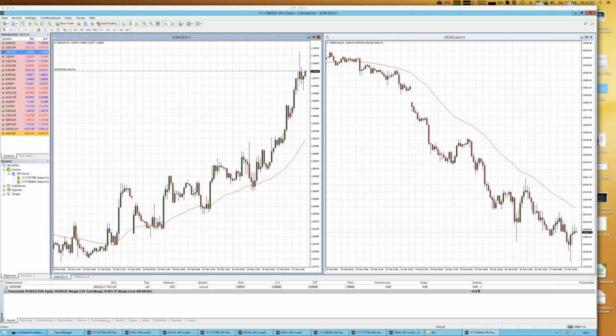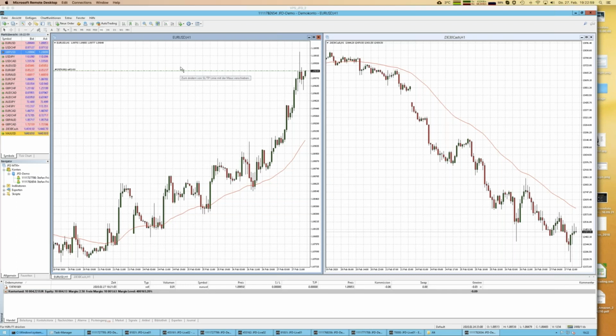Now, as we speak, we see that the trade might be positive or negative. Let's keep it running. It's always good to have a so-called stop loss, so that the trade will be closed automatically without me being directly in front of my computer.